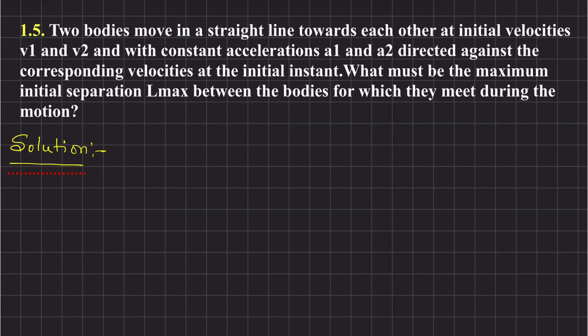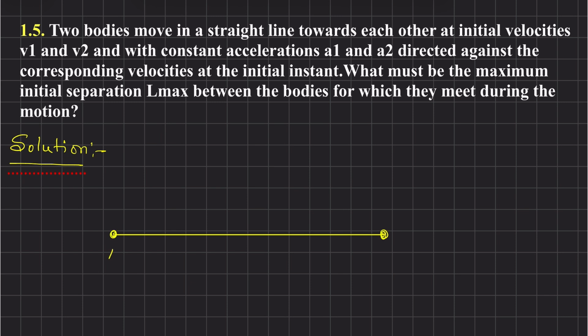So what it is saying is that two bodies move in a straight line towards each other at initial velocities v1 and v2. Let me make the figure first. Suppose one object is here and one object is here.